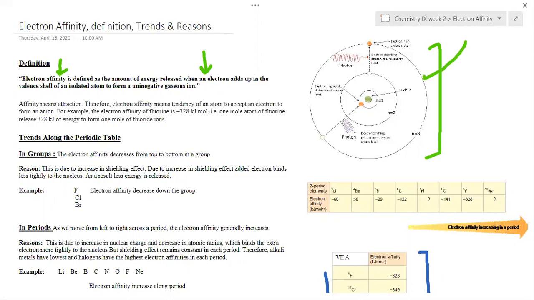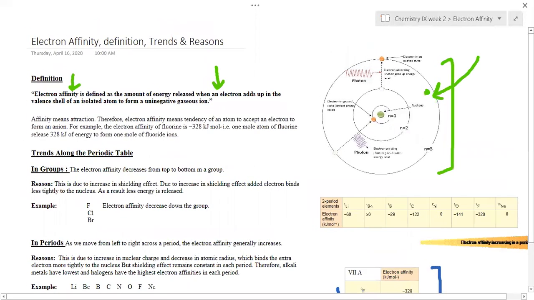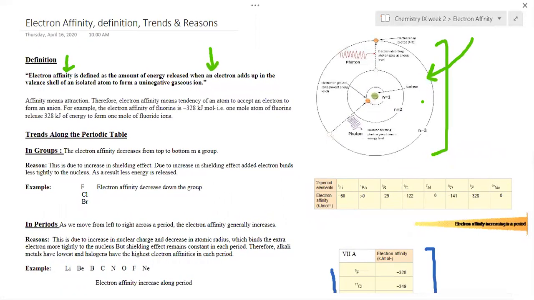If I want to add an electron from outside, then energy will be released from that atom. That energy will be equivalent to the force of attraction with which the nucleus will hold that electron. So that amount of energy will be released.